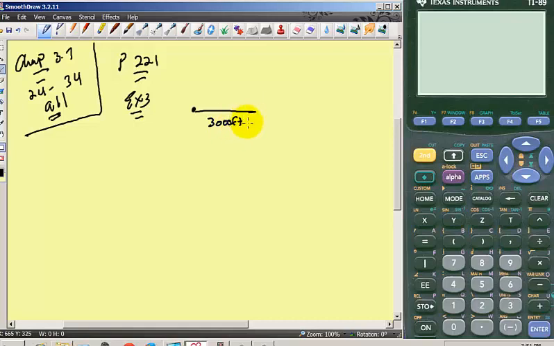Okay, 3,000 feet, and then you have a launching pad, and then rockets going up. That's my rocket ship. Okay, if the rocket is rising vertically at 880 feet per second, so if we call this y, that means they're giving me dy/dt.